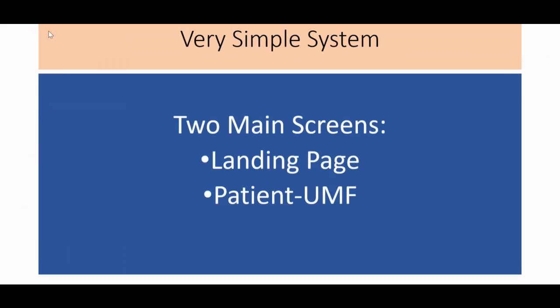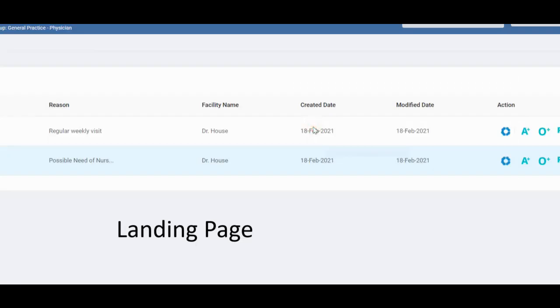When you use this system, the UMF, you will have two main screens, the landing page and the patient unified medical file page. In the landing screen, you can find the list of the patients for whom you did not close the activities that you have started. So this is the page of your homework, your pending homework.